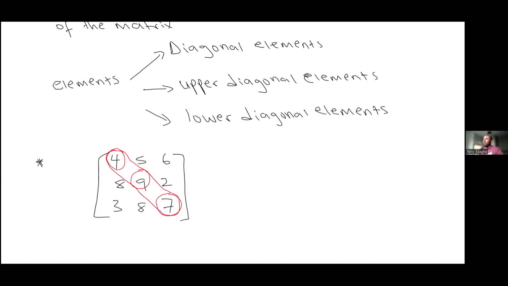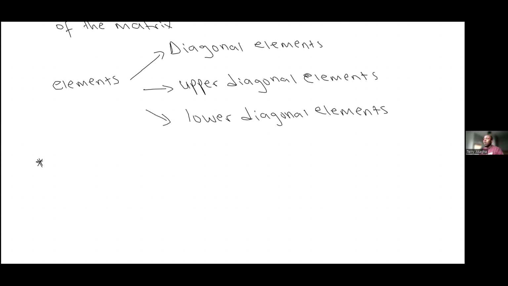Because I know students do take note, I'm going to write this down so that it will make sense to you. So the thing we have here is the diagonal elements of a matrix. This is usually in a square matrix. I'm going to talk about this very soon.